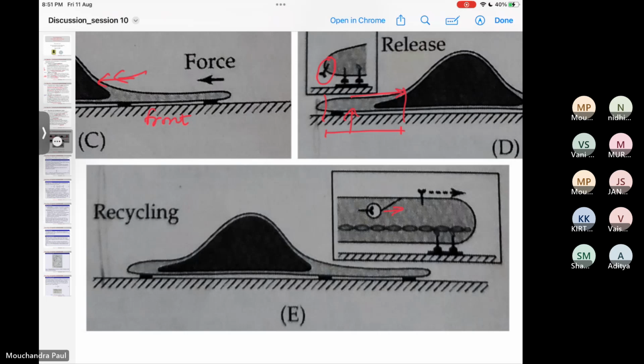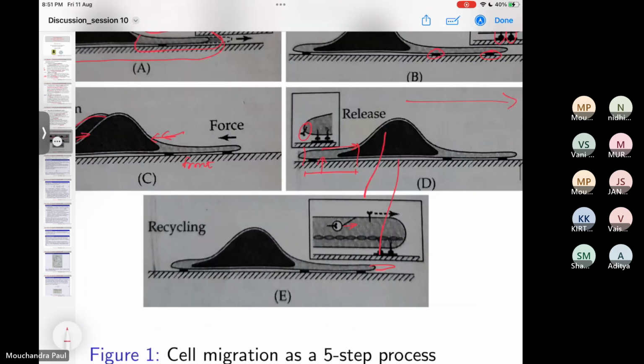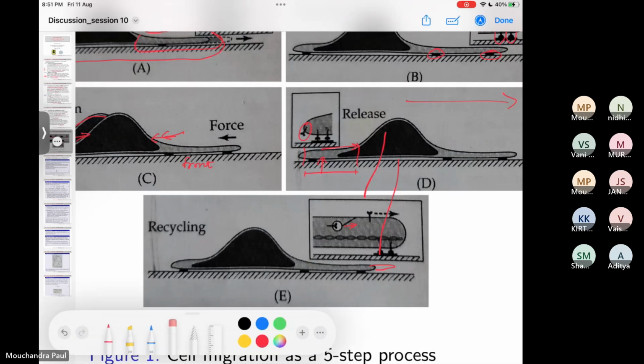When the cell has finished all these 5 steps, again it will extend some leading edge a little bit, correct? Due to extension, this extended part of the cell will adhere to the matrix.